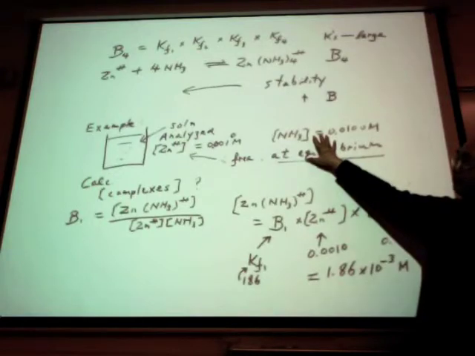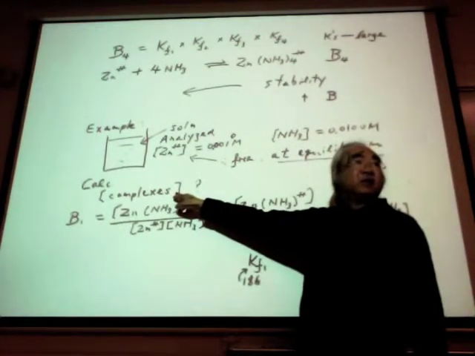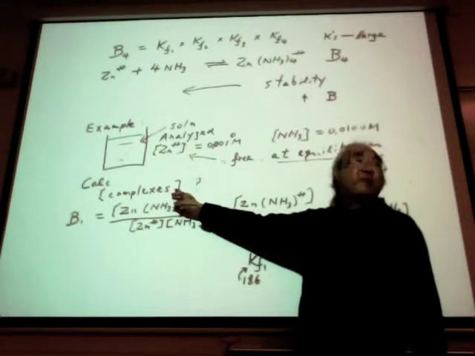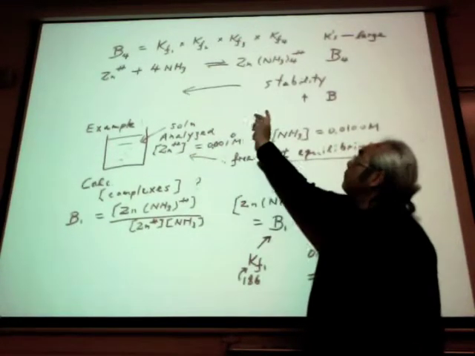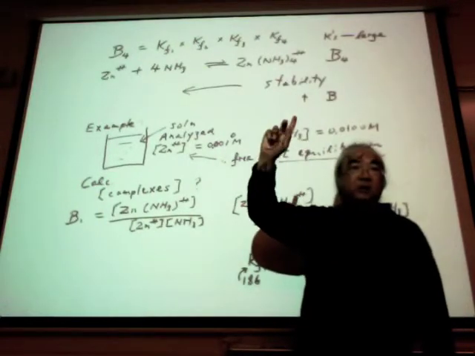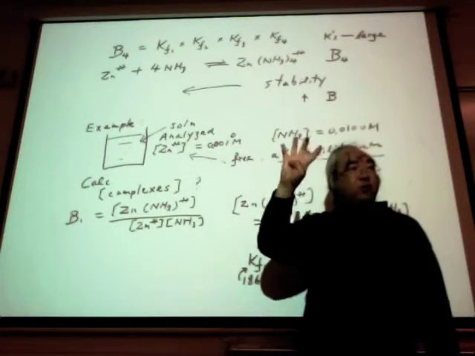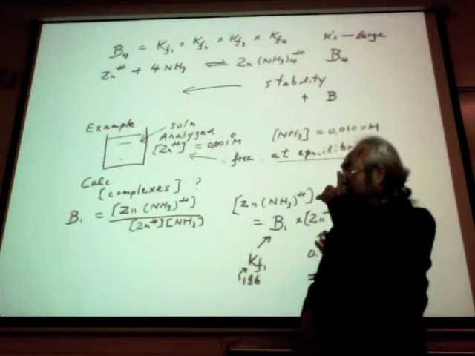So now with this knowledge, calculate what will be the concentrations for all the complexes. Notice the complexes will be for ammonia 1, 2, 3, and 4. Those 4 complexes.